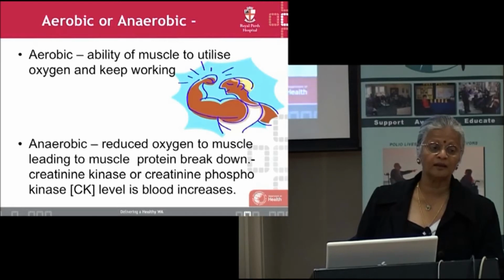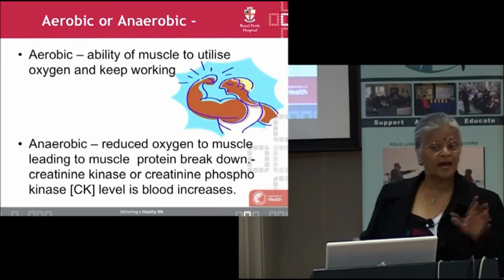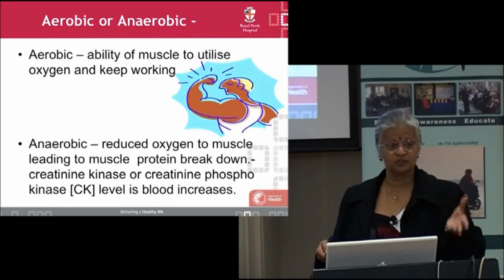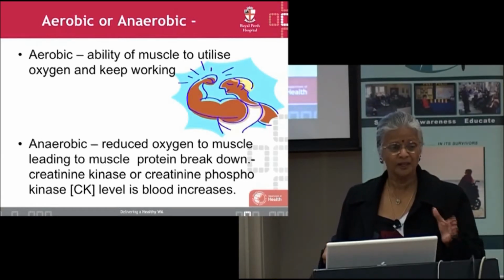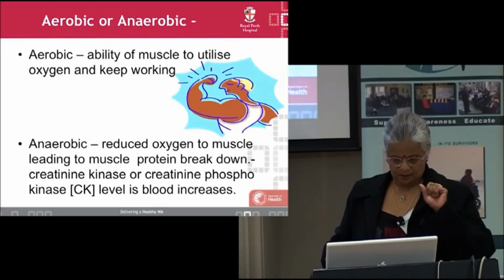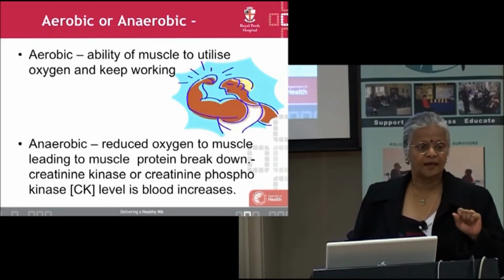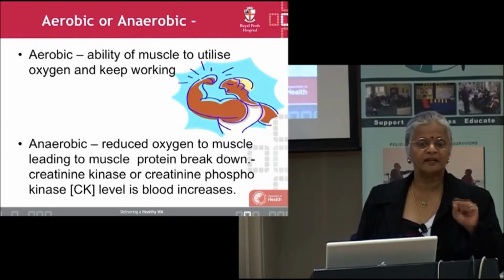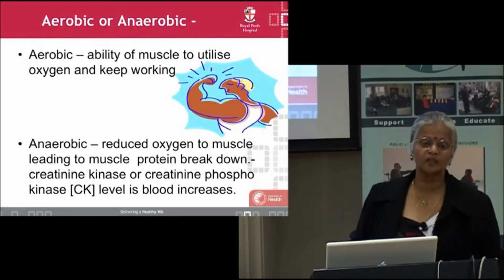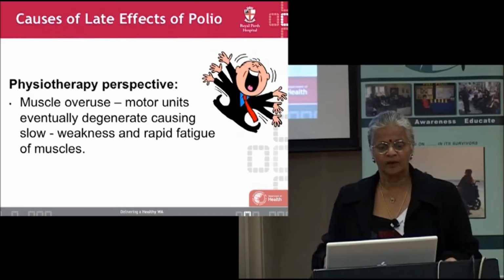So if it's high in your blood, your muscles are working overtime. If it's not high in your blood, there may be other reasons for your fatigue. Don't ignore it, okay? So they have to go looking for it. If your blood is normal for CK, it just means it's not your muscle breakdown that's causing the fatigue. You still have to go looking for the answer. That's why, yeah? All right.